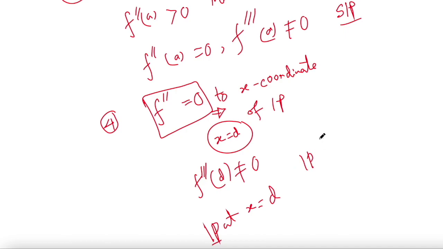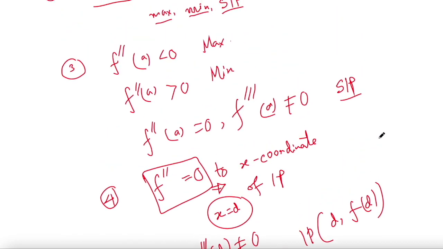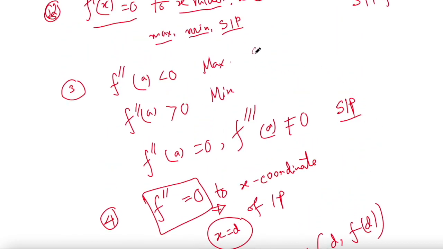So the IP will be x coordinate d, then y coordinate will be f(d). Maximum point, if the x coordinate is a, the y coordinate will be f(a). That you will get from the given function. Minimum point, let's say at b, then the y coordinate will be f(b). Inflection point, let's say at c, then the y coordinate will be f(c).